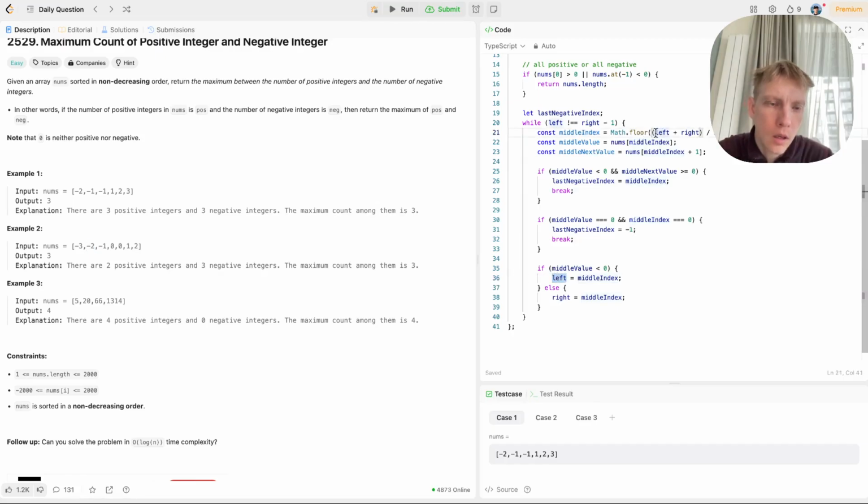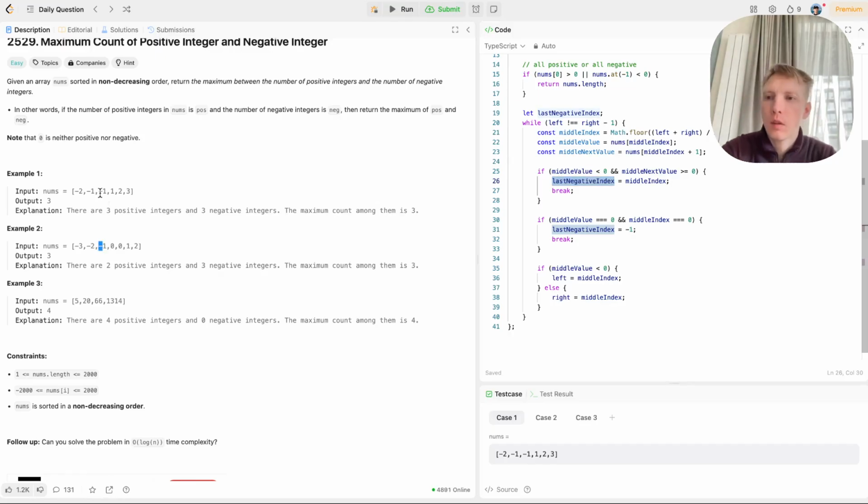After that, 1 plus 3 would be 4, divided by 2 middle index 2, and here we meet this condition. Last negative index would be 2. Yes, which is right.